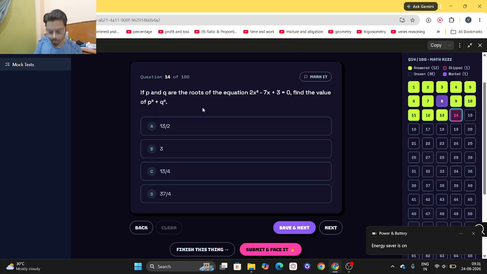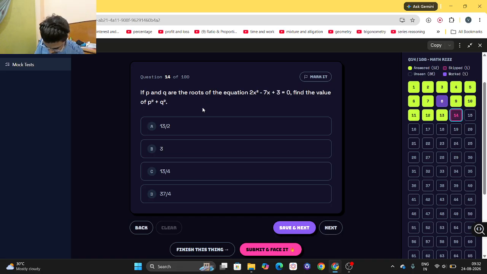P and Q are the roots of the equation 2x square minus 7x plus 3 is equal to 0. Comparing with ax squared plus bx plus c is equal to 0, a is equal to 2, b is equal to minus 7, and c is equal to 3. P plus q is equal to 7 upon 2, and pq is equal to 3 upon 2.